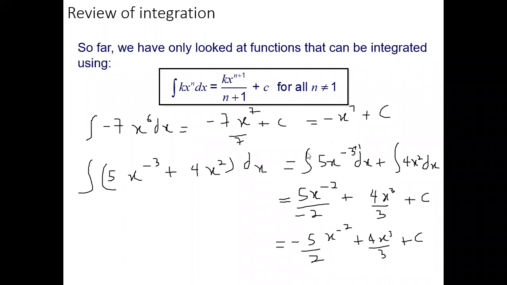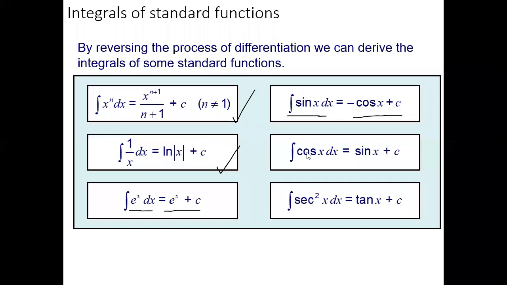Yeah, so let's move on. So like I was saying, the first two we've already looked at. The next 4 we want to take note of. The integral of e raised to the power x dx is e raised to the power x plus c.